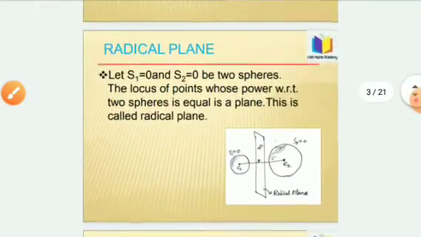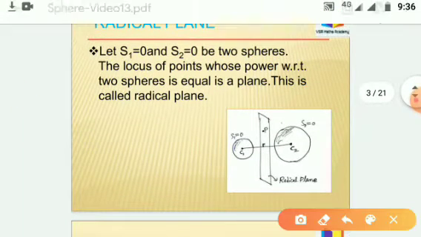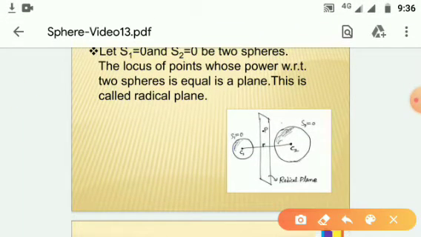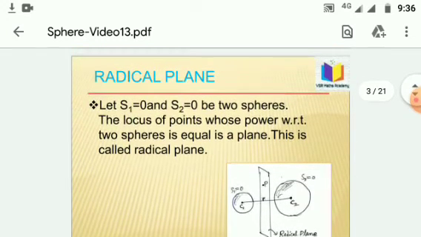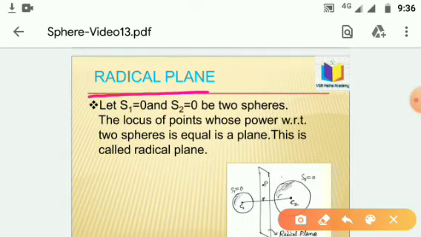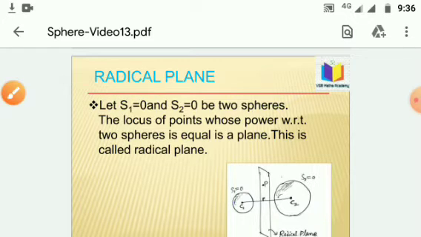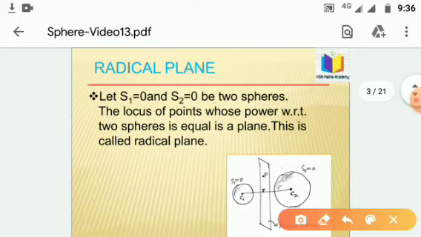Radical plane. Suppose S1 equal to 0 is one sphere and S2 equal to 0 is another sphere, and you take a point P. If the power of the point P with respect to the first sphere is equal to its power with respect to the second sphere, then the locus of such points is called the radical plane.